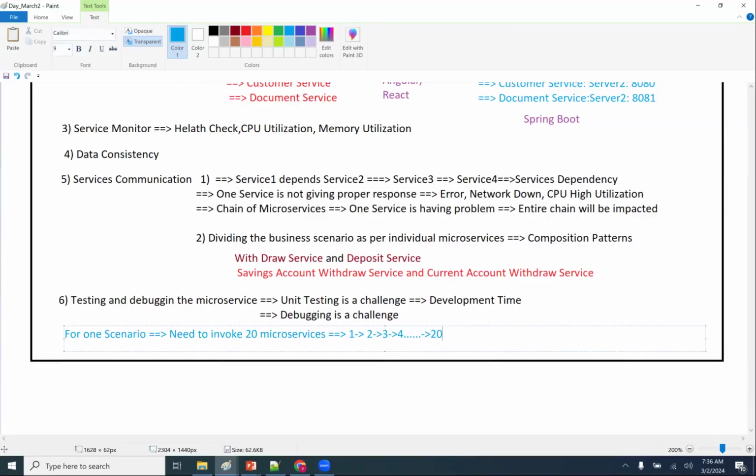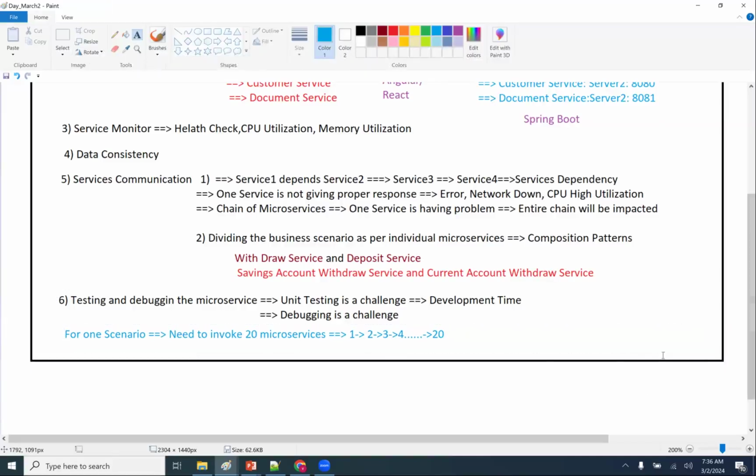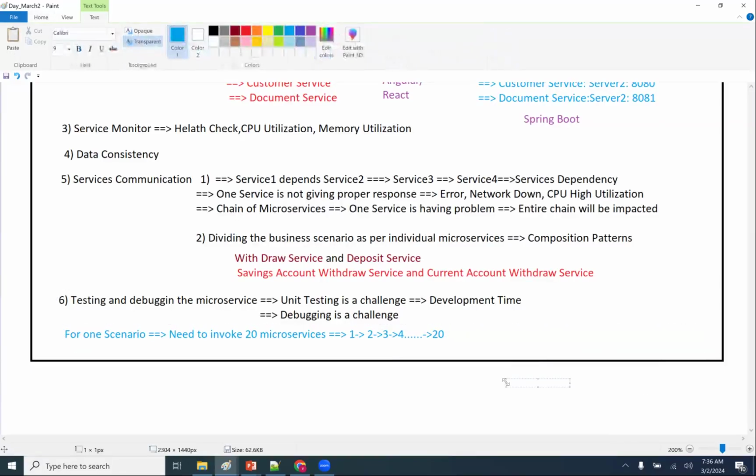Assuming that in this journey the 18th service has failed. How will you debug? How will you troubleshoot, guys?